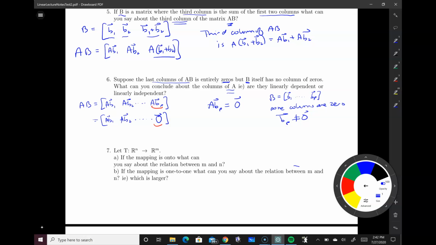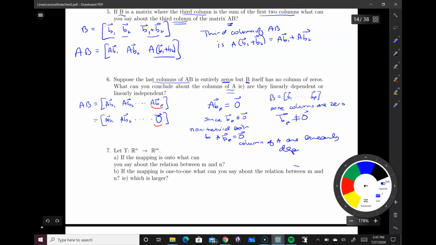Since this is not equal to the 0 vector, I have a non-trivial solution to ABP equaling 0. So that must mean the columns of A are linearly dependent.